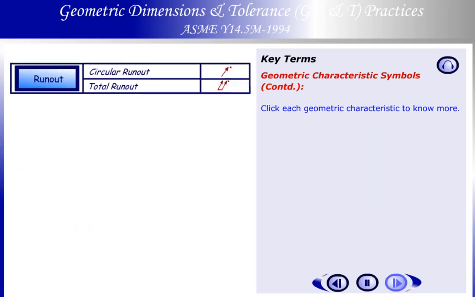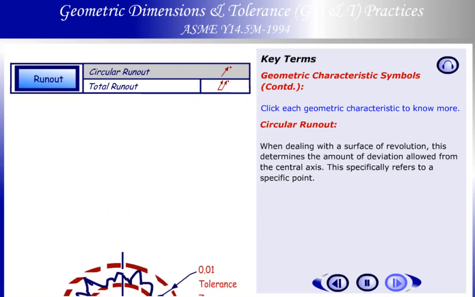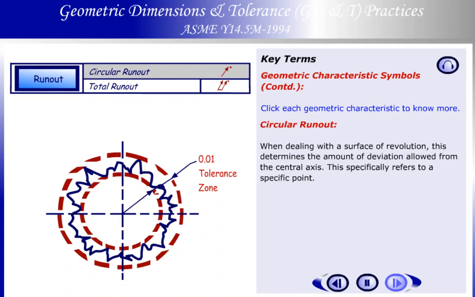Geometric characteristic symbols continued. Circular runout. When dealing with a surface of revolution, this determines the amount of deviation allowed from the central axis. This specifically refers to a specific point.